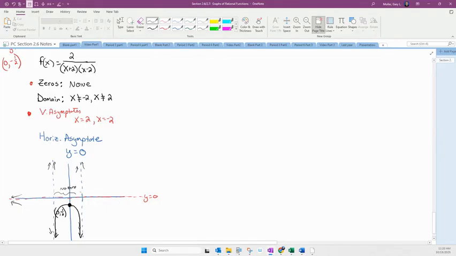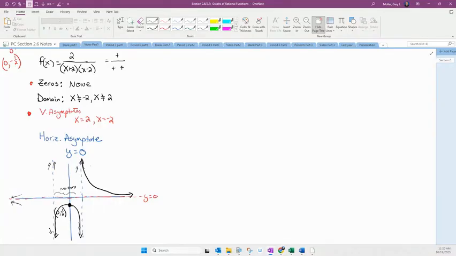When I plug in a number bigger than 2, like 10, I get a positive number on top. On the bottom, 2 plus 10 is positive and 10 minus 2 is positive. So positive divided by positive is positive, and I know with no doubt or hesitation that my graph looks like this.